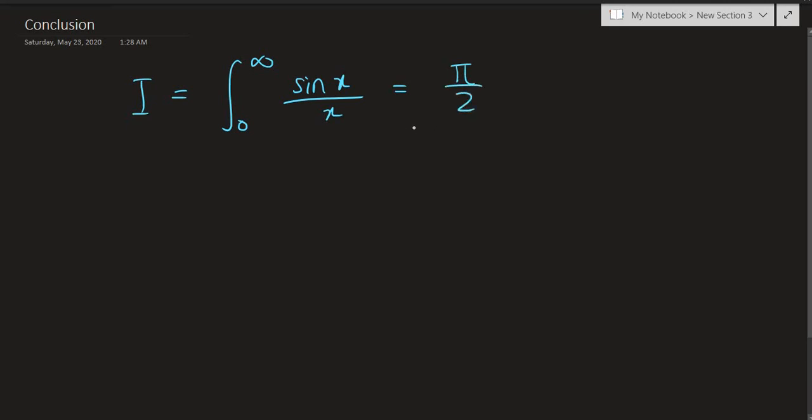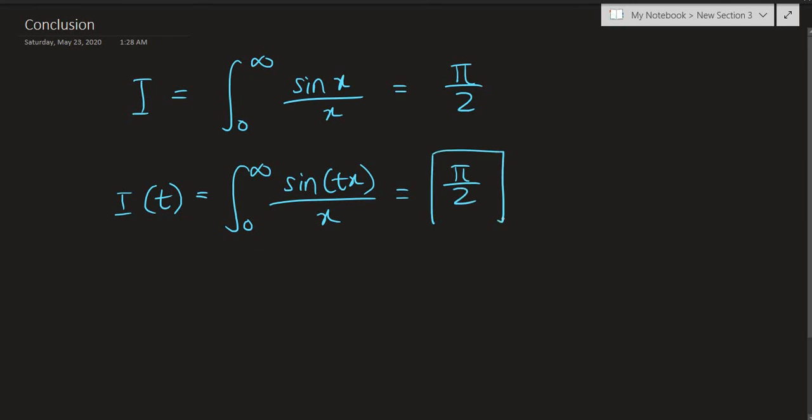We use Laplace transforms to show this. And also notice that for our generalized I of t function, we had the integral from 0 to infinity of sine of tx over x, which was also a constant pi over 2.